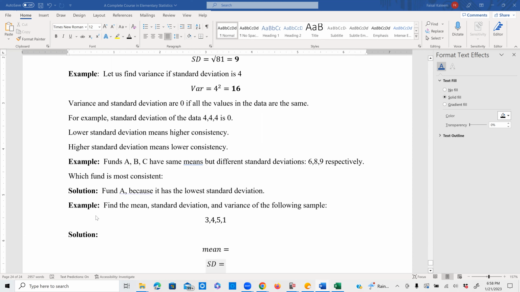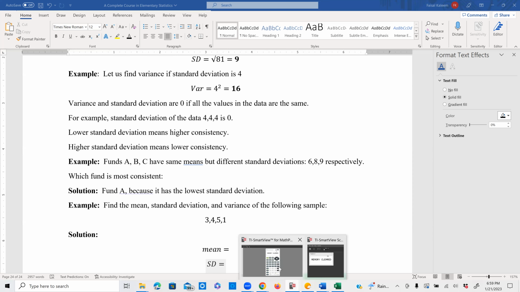Example, find the mean, standard deviation, and variance of the following sample. So we will use the TI-30 calculator to do that. I'm going to use MultiView. So let me show you. The values are 3, 4, 5, and 1.